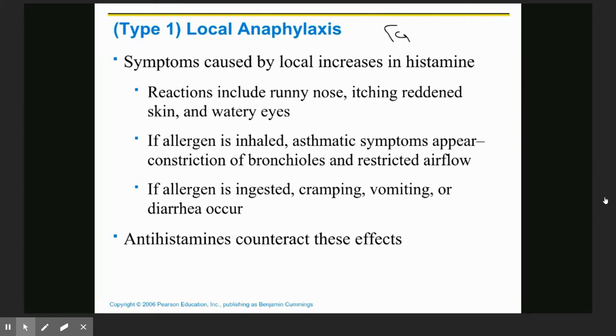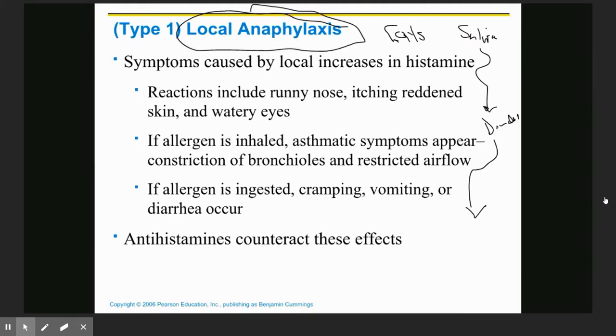Cats have a protein in their saliva that I'm allergic to, and they lick themselves like crazy. Then they shed skin particles, and the dander gets into the air and on the furniture and places like that. Well, when I get near that, I have a very bad local anaphylaxis.